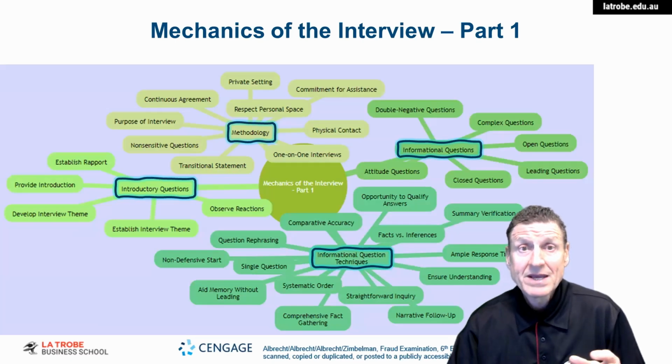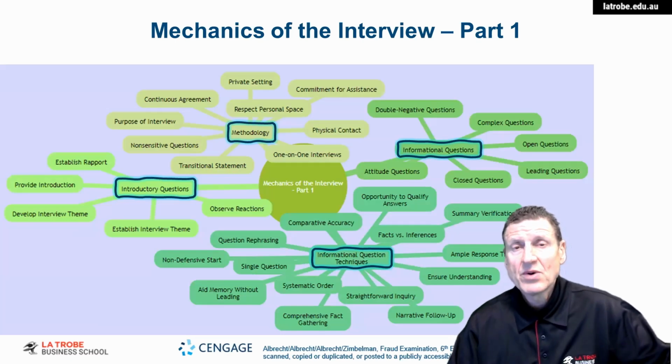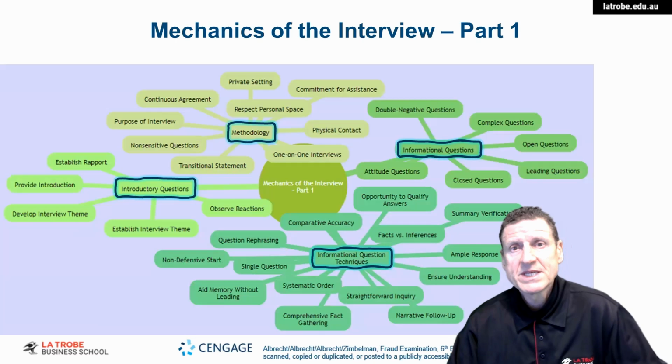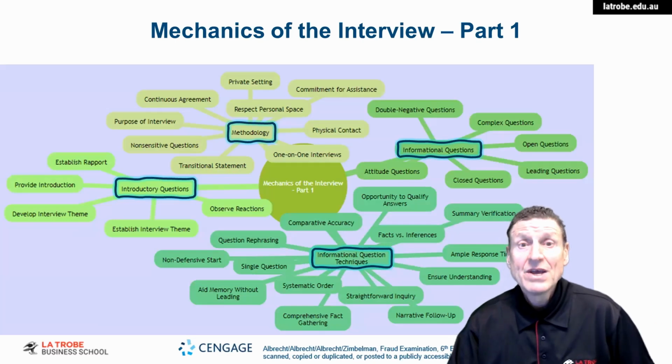You need to think about getting agreement, not just with the interviewee, but also with senior management or different people in the organization that have control over the interviewee. You need to think about the private setting and a commitment for assistance that has been provided by senior management. You need to have a clear statement on the purpose of the interview. That's a minimal starting point that you need to have.